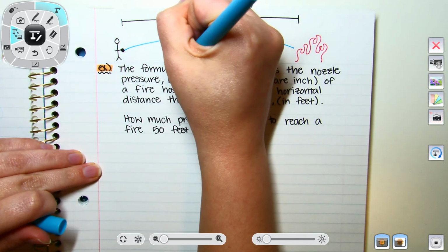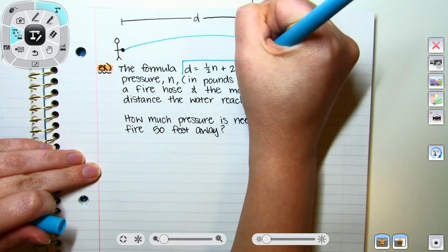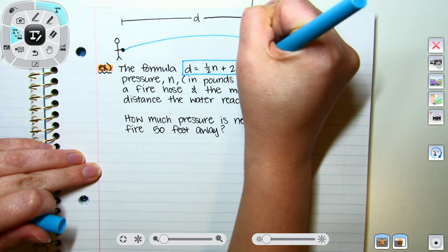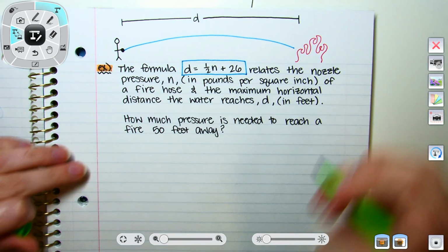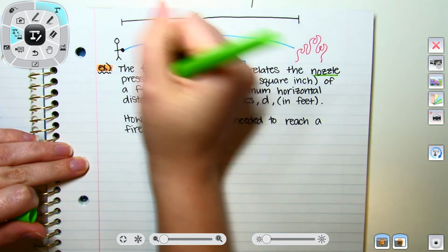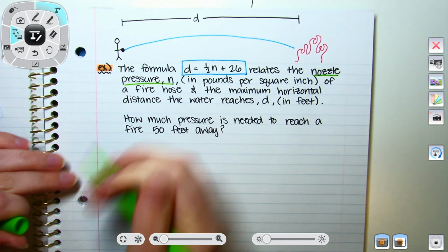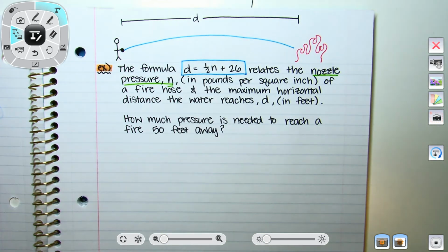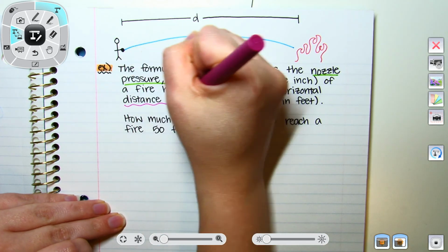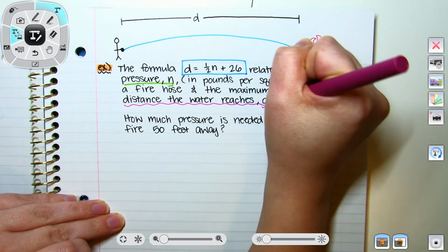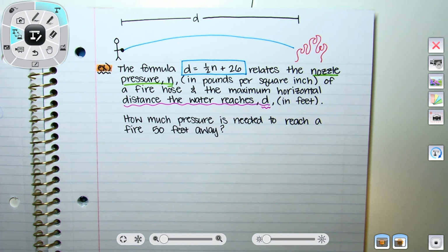A little box around this. We know that the nozzle pressure is N. And we know that the distance the water reaches is D. So we know what all of our variables stand for.